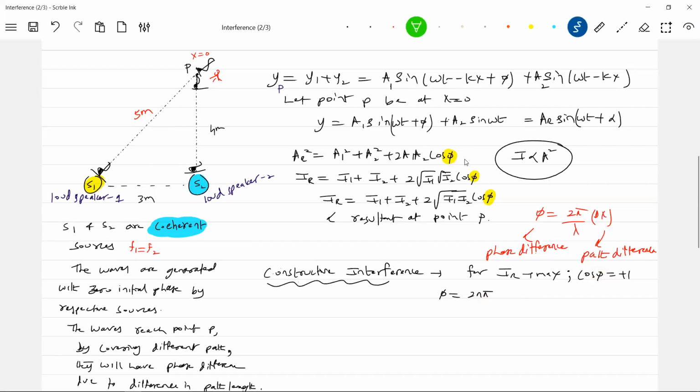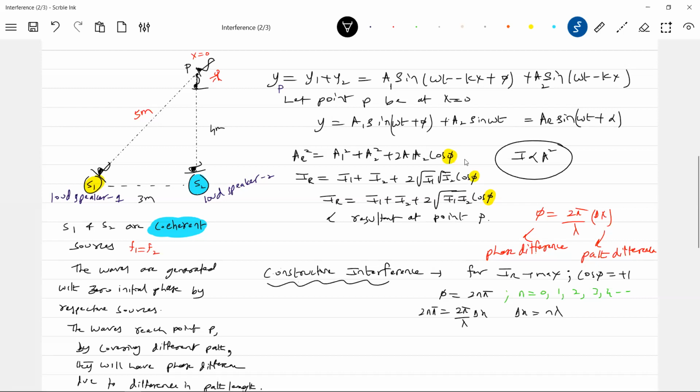n is equal to 0, 1, 2 and so on. So I'll substitute this in this formula: 2n pi equals 2 pi by lambda times delta x.